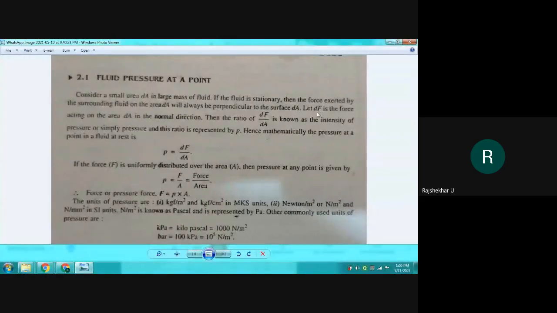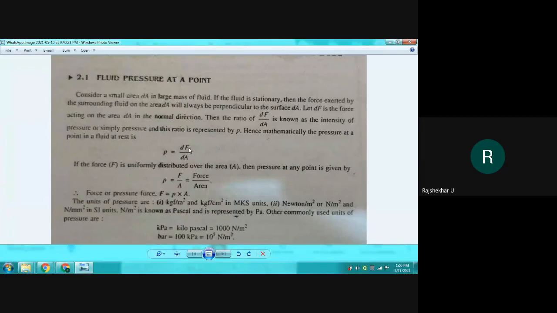Let dF be the force acting on area dA in the normal direction. Then the ratio of dF by dA is known as the intensity of pressure, or simply pressure, and this ratio is represented by P. Hence, mathematically, the pressure at a point in a fluid at rest is P = dF/dA.